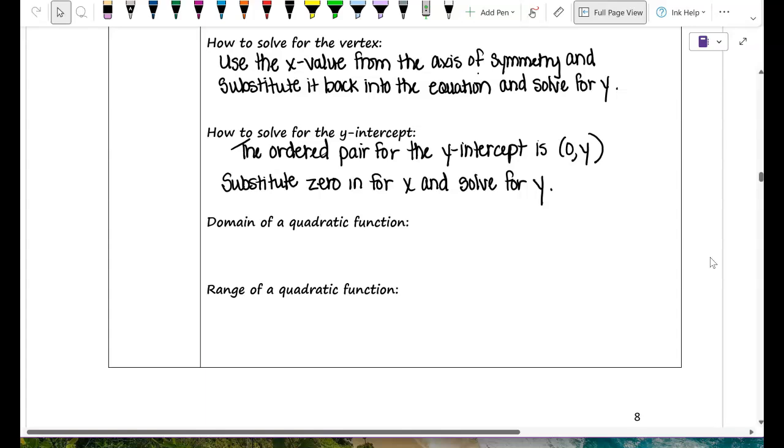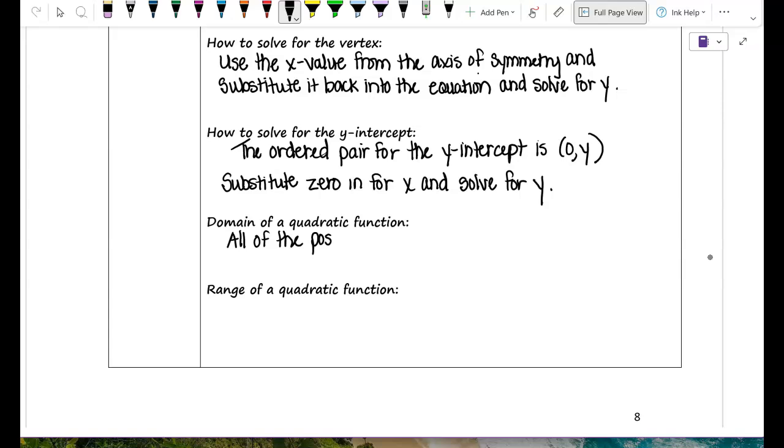Remember, domain is all of the possible x values of a function. And what did we say is always the domain of any parabola?